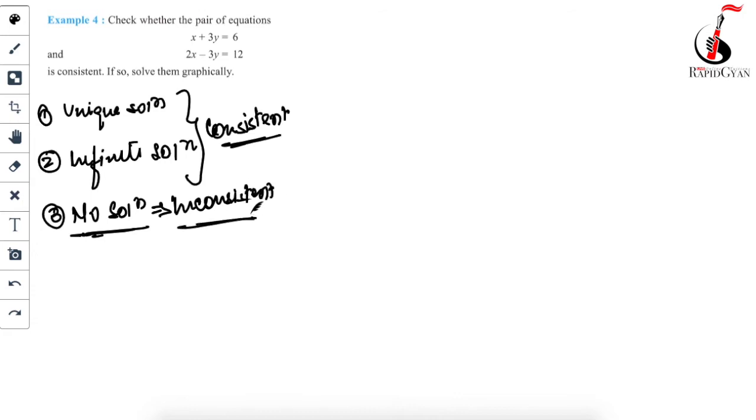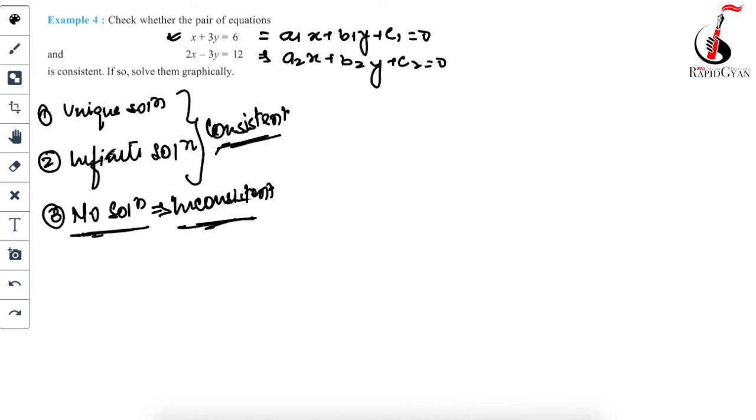Now, how will we know whether they are consistent or not? If you remember, I told you that you will have to compare this linear equation with a1x plus b1y plus c1 is equal to 0, and this one with a2x plus b2y plus c2 is equal to 0, and find the values of a1 upon a2, b1 upon b2, and c1 upon c2.